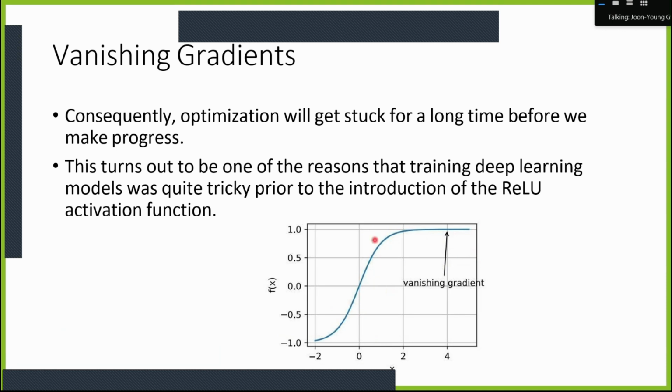These share the similarity that as the logits, the pre-activations, become larger and more extreme, it can lead to vanishing gradients. Some of you might ask why this region is a vanishing gradient region where the y-axis, f of x, is 1.